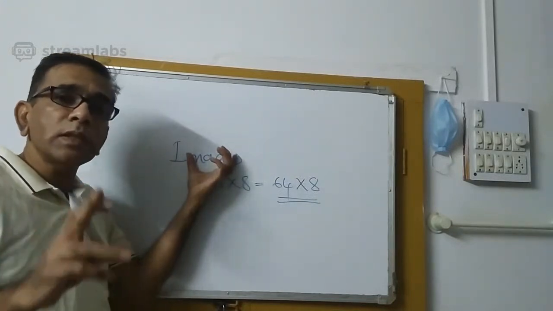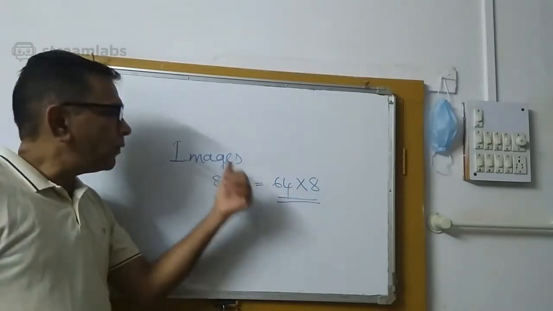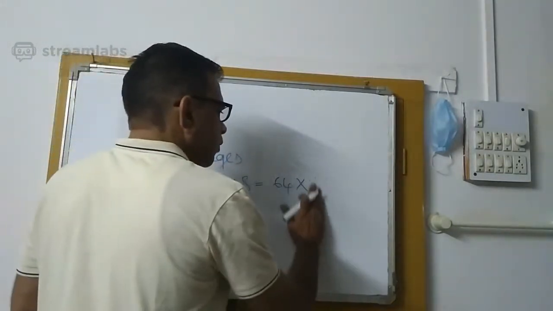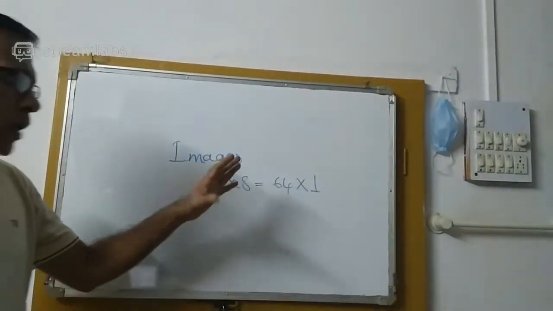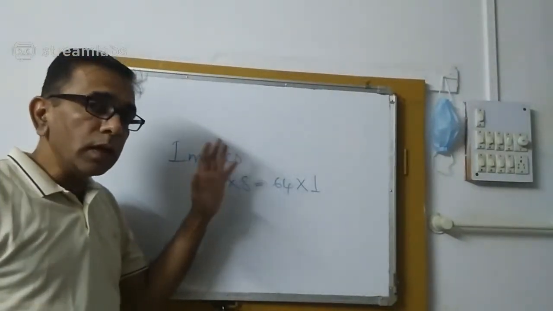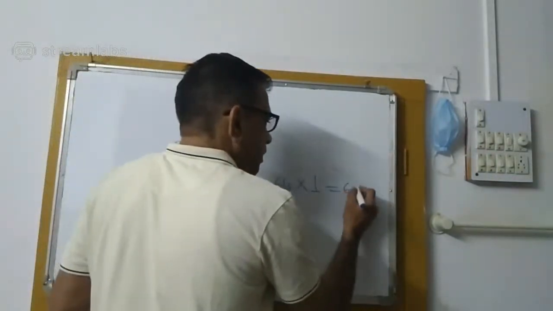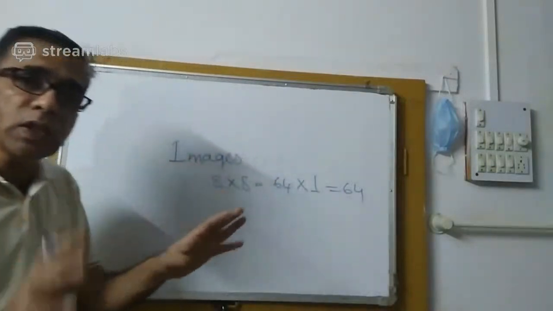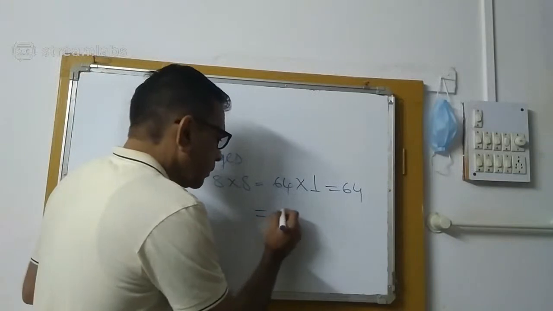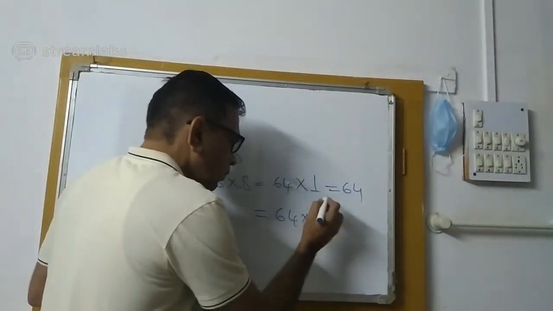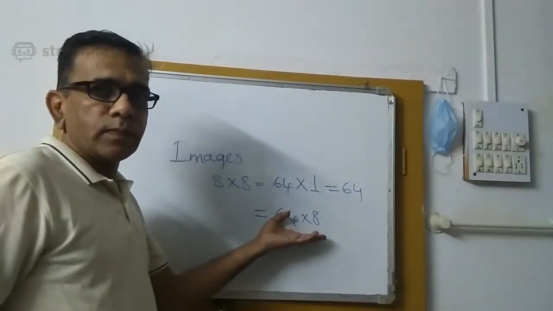If it is a black and white image, the number of bits generated is 64. See, a small change. The number of bits needed for representing that black and white image is 64. Clear? And if it is a grayscale image, it will be increased by 8 times.